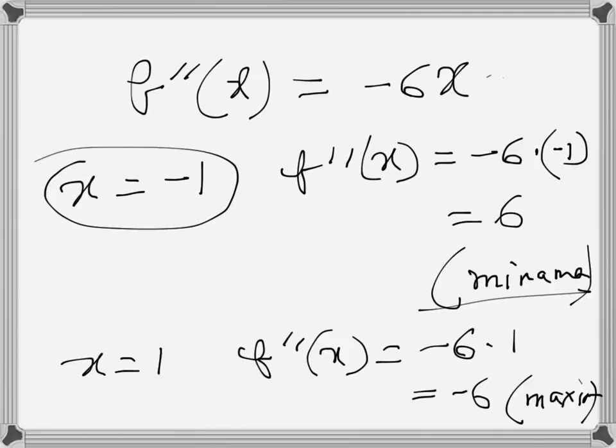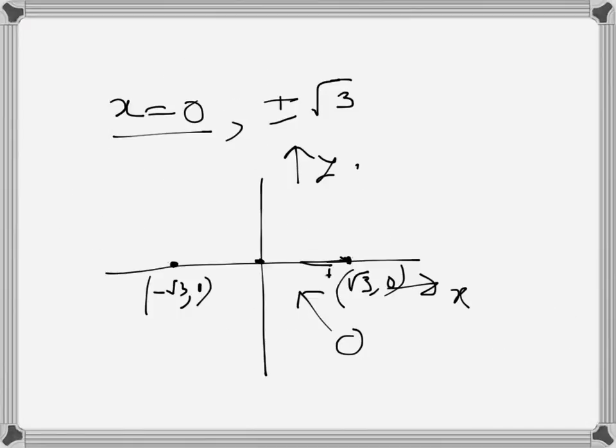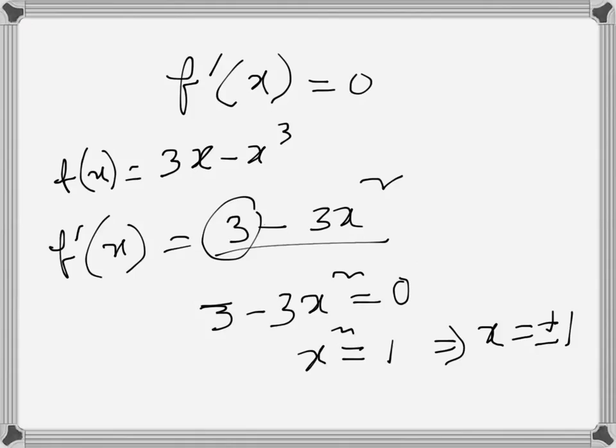There will be a point somewhere here which is plus 1, that will be a maxima, and this has to be a minima. It has to go this way, but I haven't found the y values of those points, so I will do that now.